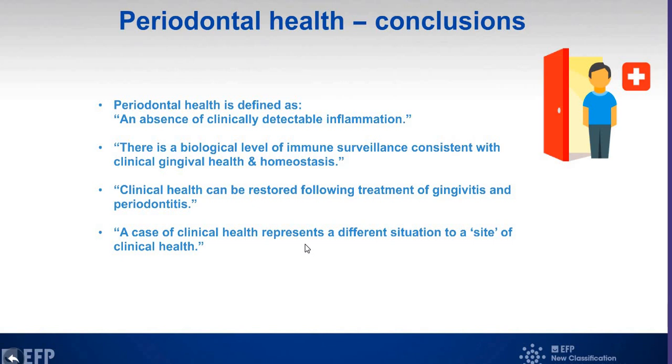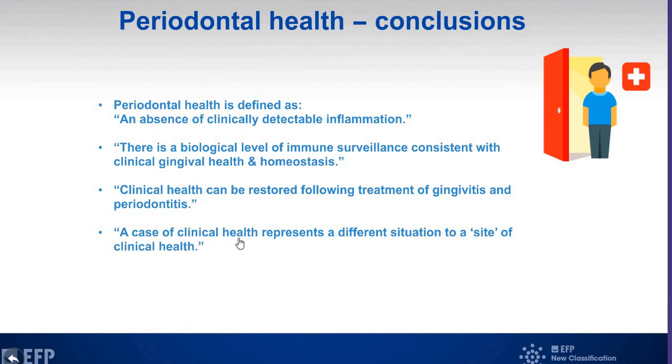There is a biological level of immune surveillance consistent with the clinical gingival health and homeostasis, as we talked about. Clinical health can be restored following treatment of gingivitis and periodontitis. The periodontitis can't become a healthy periodontal condition, but clinically could be healthy. How? I'll talk about it later.